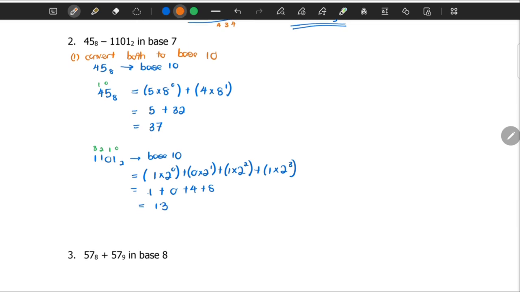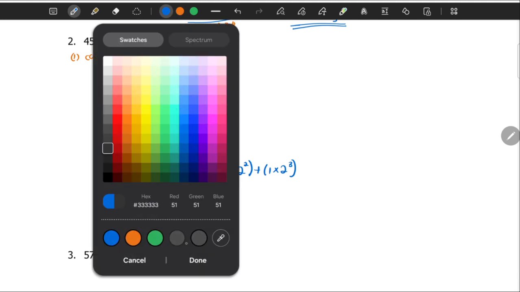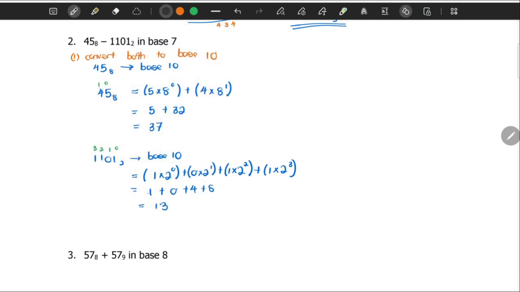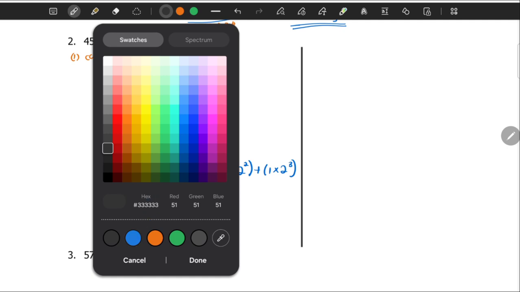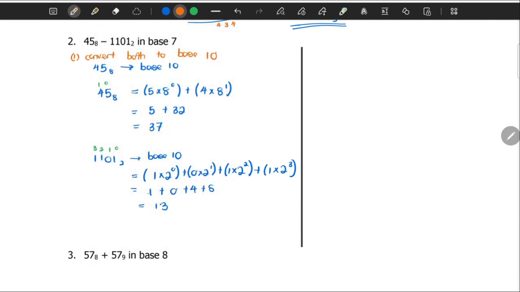So the next part is subtract, right? So we have 45 base 8 minus 1101 base 2, which in base 10 is 37 minus 13, right?